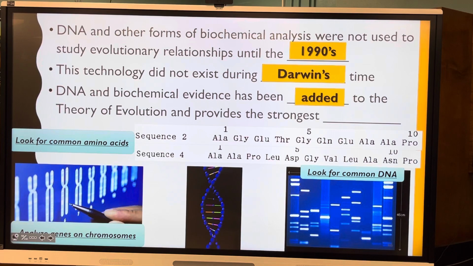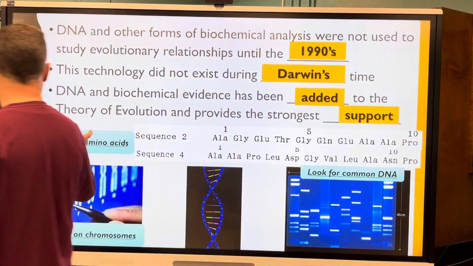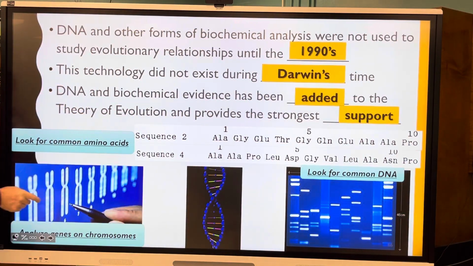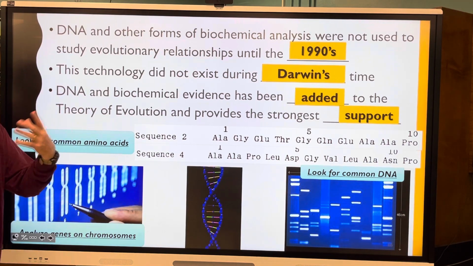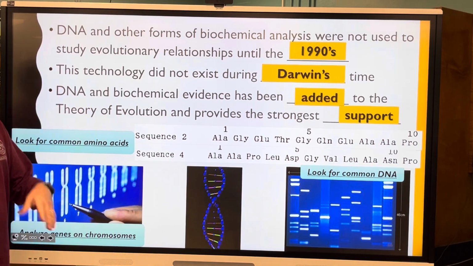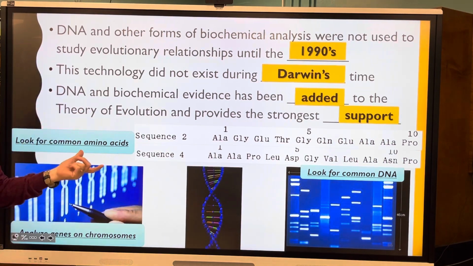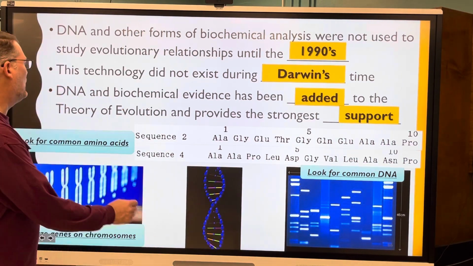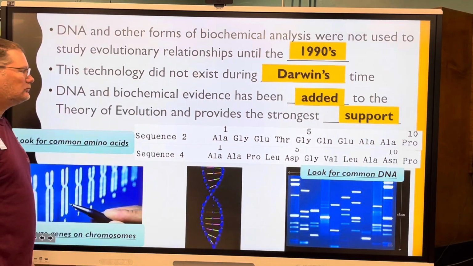So it's been added to the theory of evolution and provides the strongest support. Remember the word theory. When you see that word, no matter what it is, Big Bang theory, theory of evolution, any scientific theory, please know it's based on facts. And when new facts are discovered that did not exist before, okay?